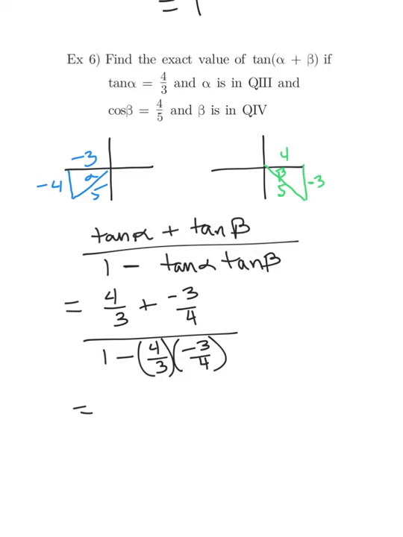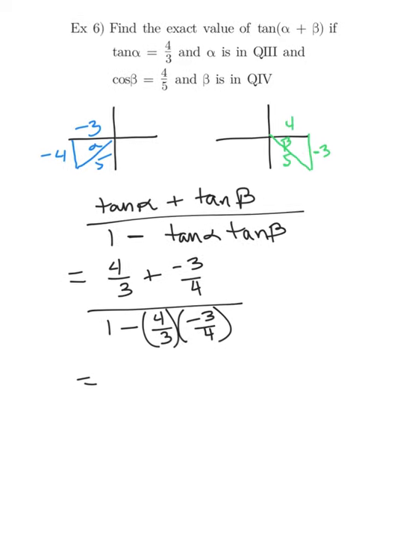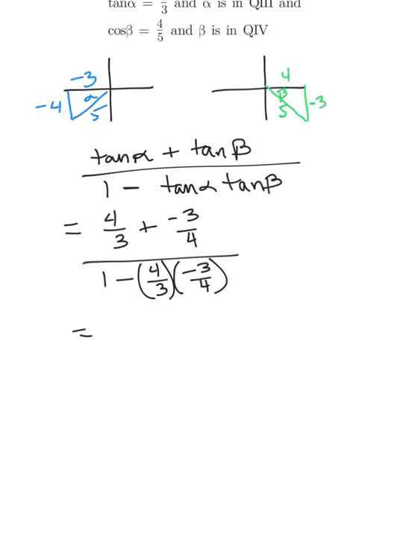We need a common denominator for the two fractions in the numerator. That would be 12. The first fraction would become 16 over 12. The second fraction would become negative 9 over 12. In the denominator, we are going to have 1 minus 4/3 times negative 3/4, which is negative 1.